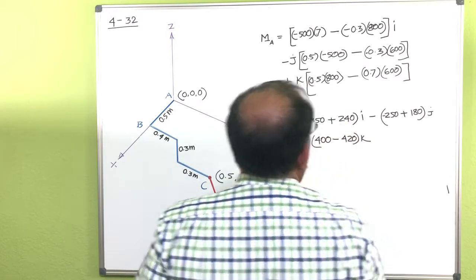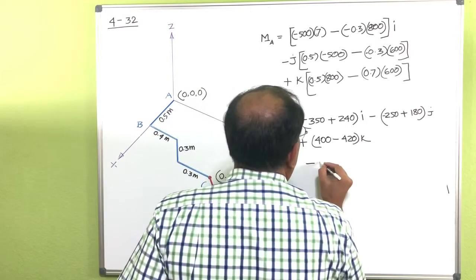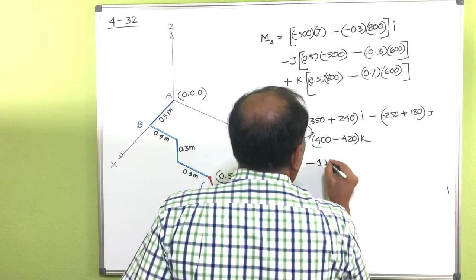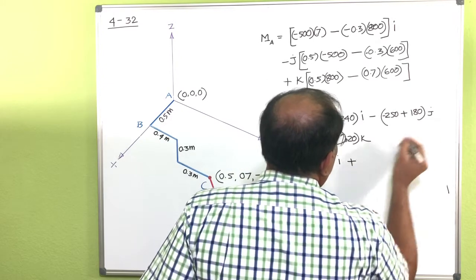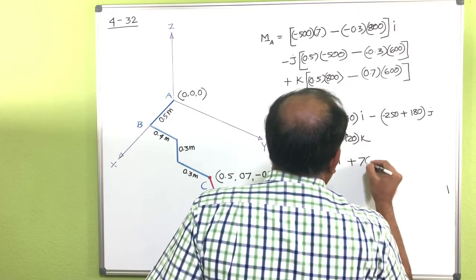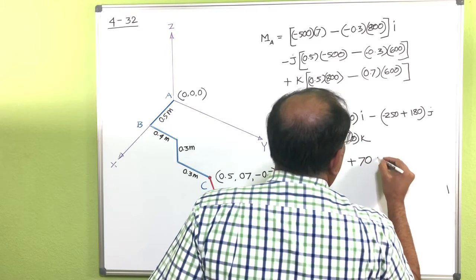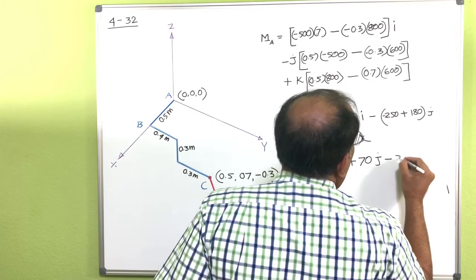So this is basically minus 110 I plus 70 j minus 20 k.